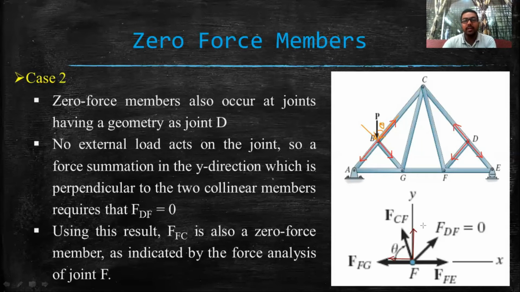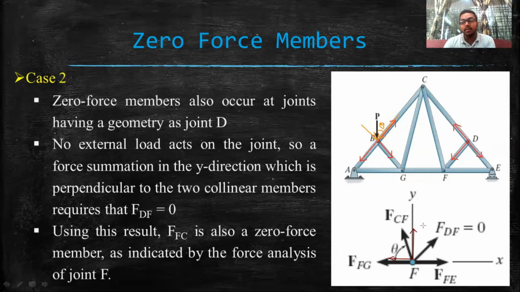So for the equilibrium to hold good, this FCF sin theta must be equal to 0, because there is no other force at all, and at joint F there is no external force that may balance this FCF sin theta.